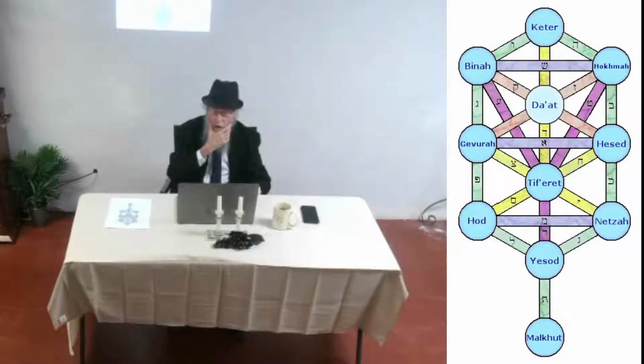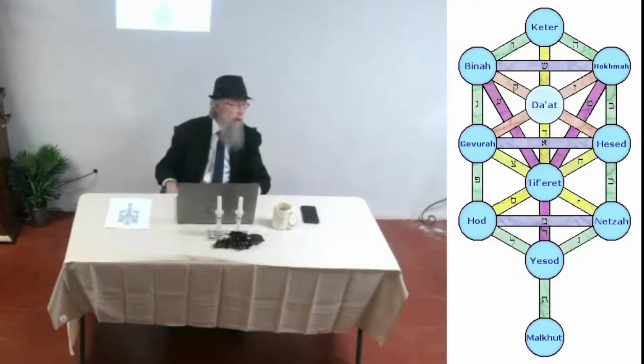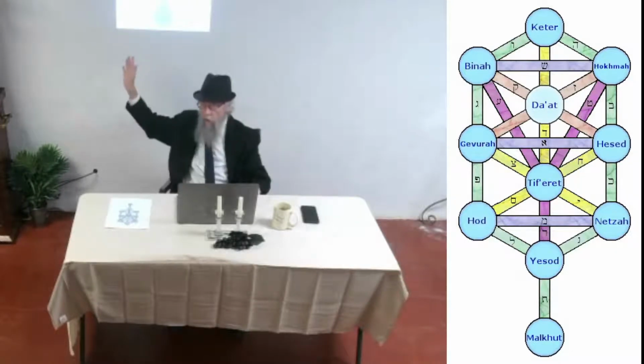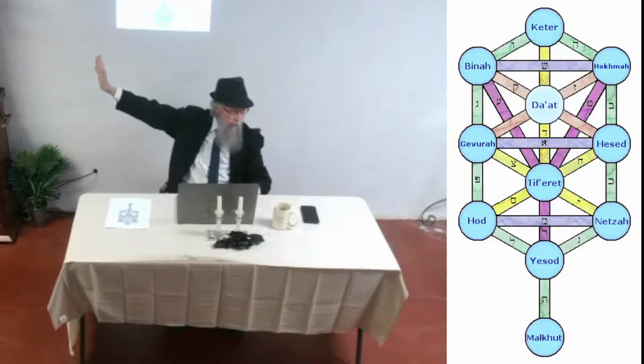Then Adonai Elohim commanded the man, saying, from all the trees of the garden you are most welcome to eat, but the tree of knowledge of good and evil you must not eat, for when you eat from it, you will surely die. Not the tree of life. He can eat of the tree of life.